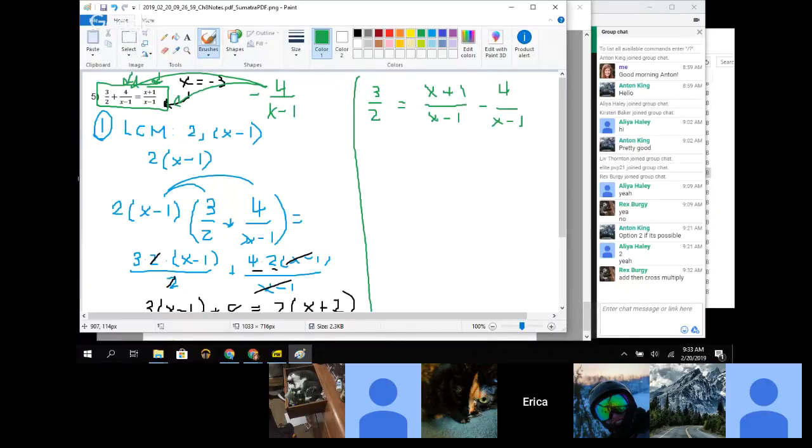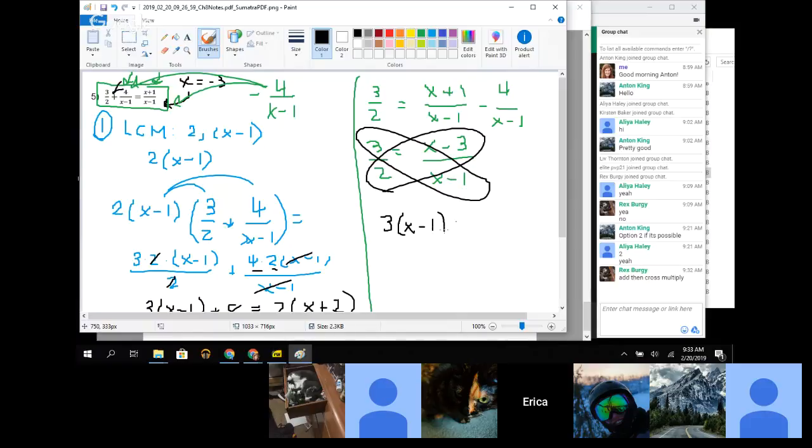Cool. So now the denominator stays the same. It's x minus 1, right? The top becomes x plus 1 minus 4, so it's x minus 3 over x minus 1 equals 3 over 2. So I could then cross multiply, right? Because I've gotten rid of any of my pluses. I'm allowed to cross multiply. So I get 3 times x minus 1 equals 2 times x minus 3.